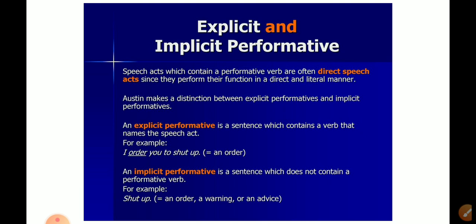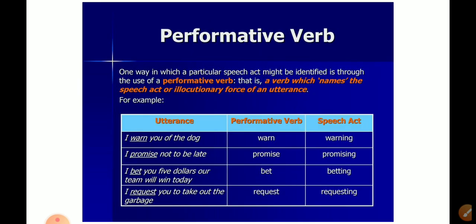So in implicit performative, there is no direct verb which tells you what to do. In explicit performative, there is an explicit performative verb which informs you what to do.